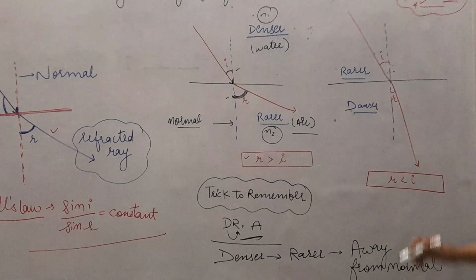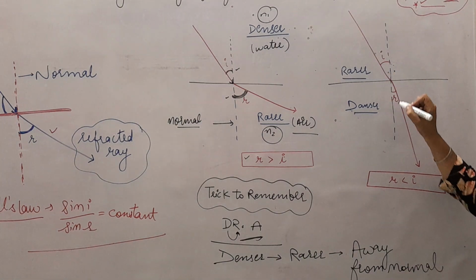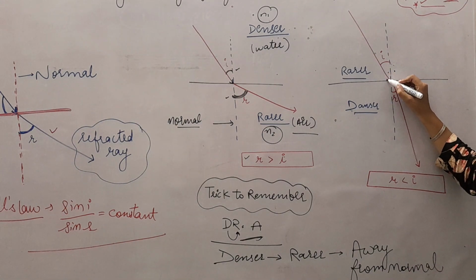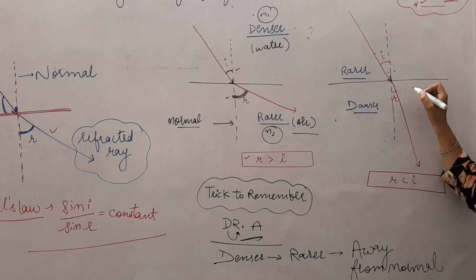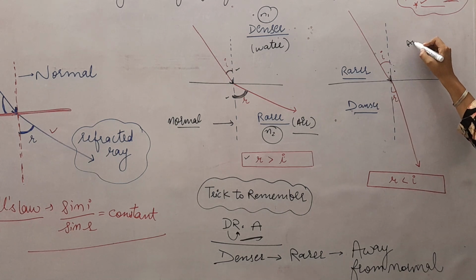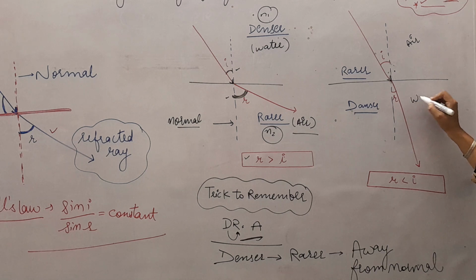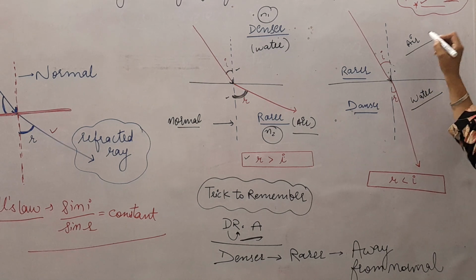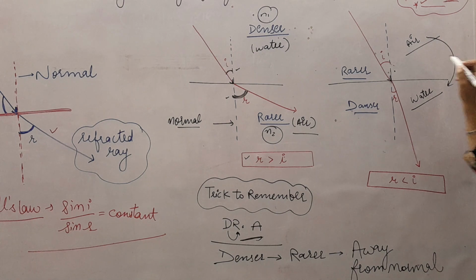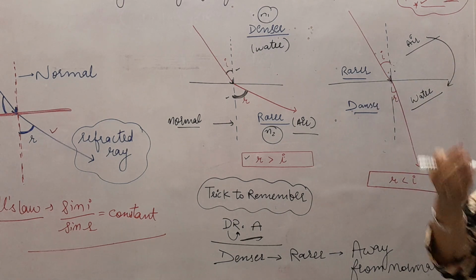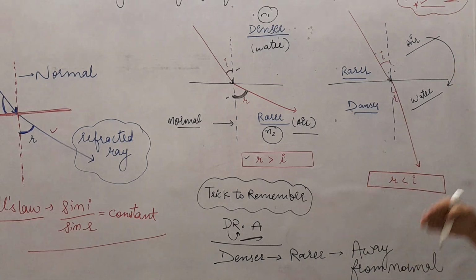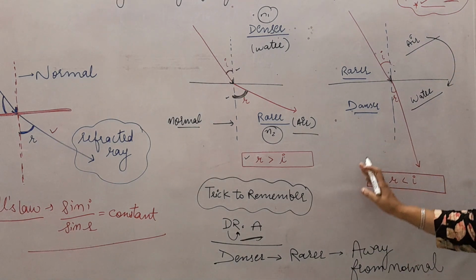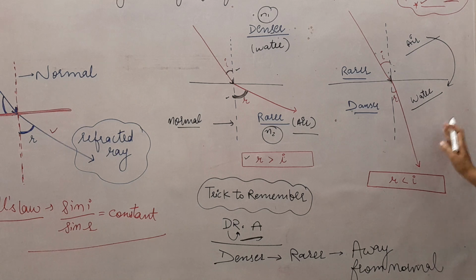In the opposite case, we move from rarer to denser. A ray of light moving from rarer to denser. The rarer medium is air. The denser medium is water. When a ray of light moves from air to water, or from rarer to denser, it bends towards the normal.